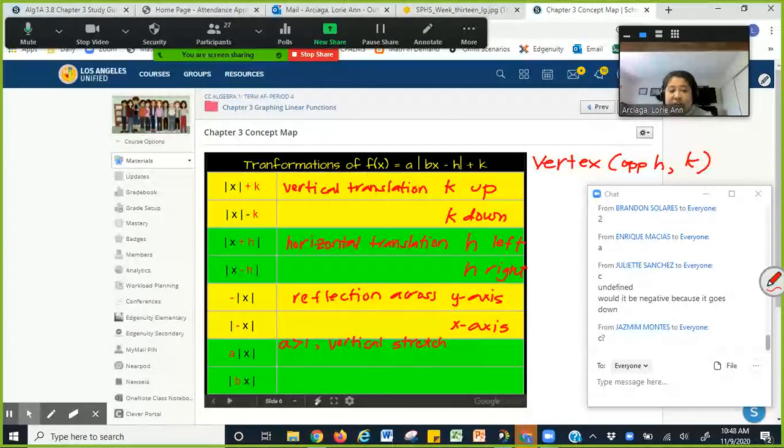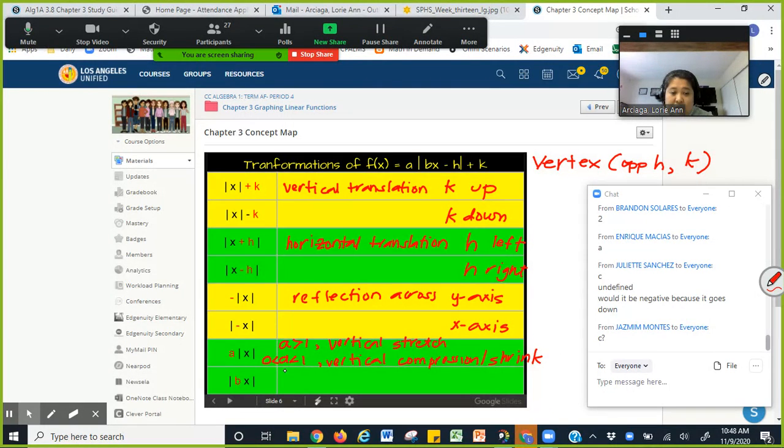I don't know if you saw that on the graph, but if a is a fraction, so if a is smaller than 1, but it has to be bigger than 0, then it's a vertical compression. Compression is just a fancy name for shrink, called vertical shrink. That's when your graph becomes narrower, and when you stretch it, it becomes wider.